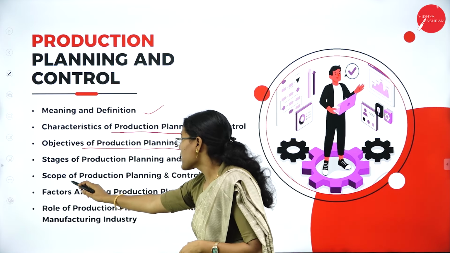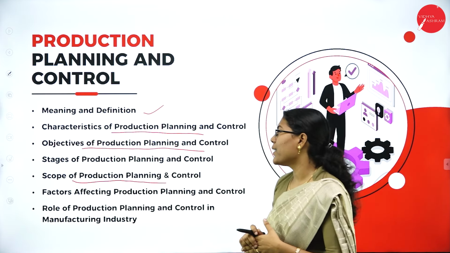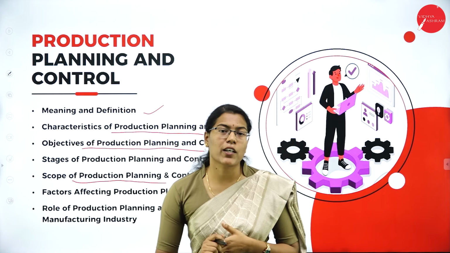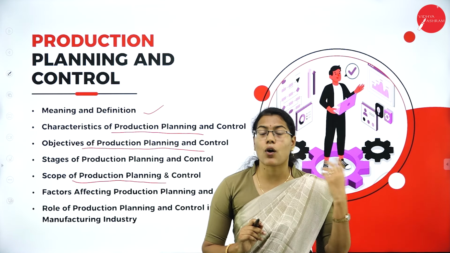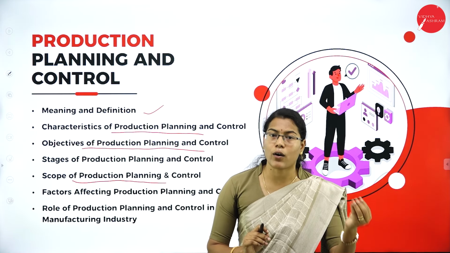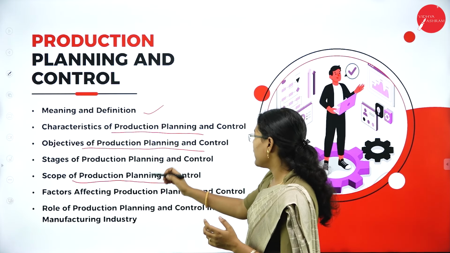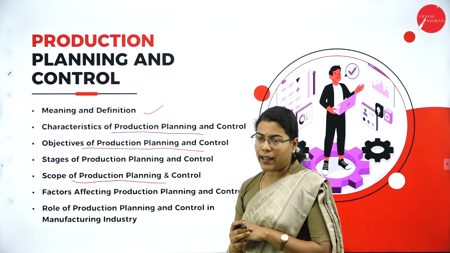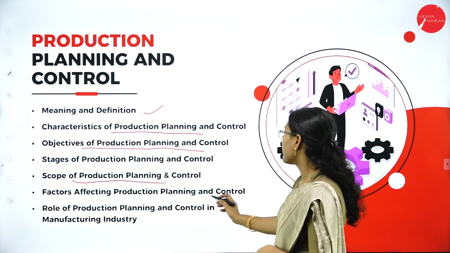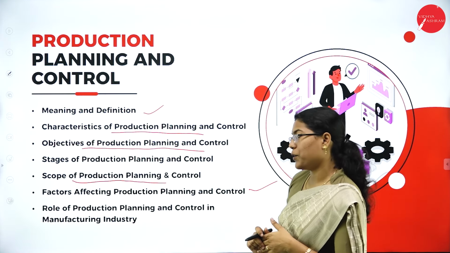Then we have the scope of production planning and control. The scope involves all the aspects of planning, organizing, directing and controlling the overall activity of production planning.